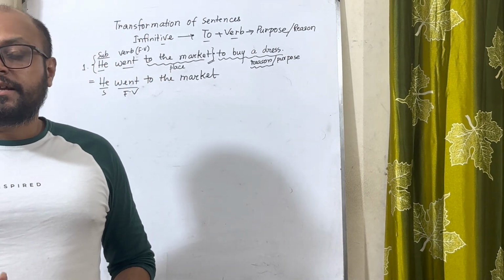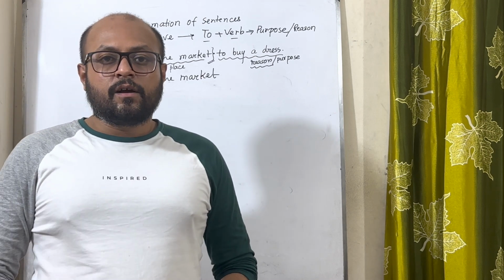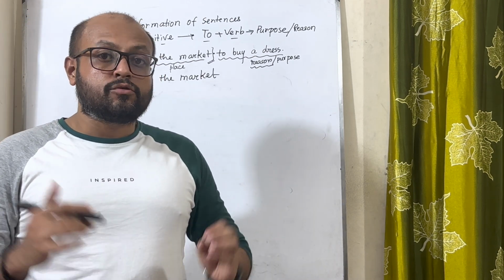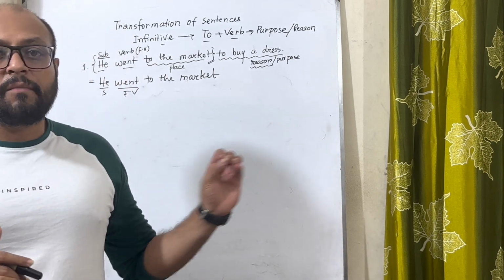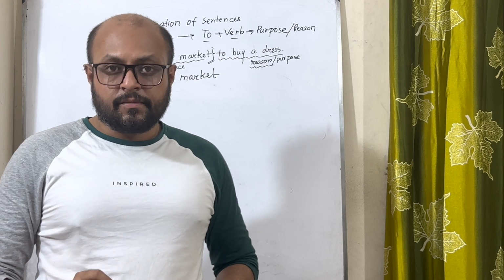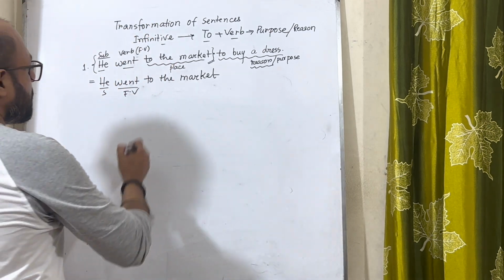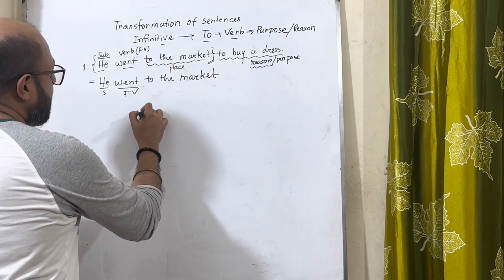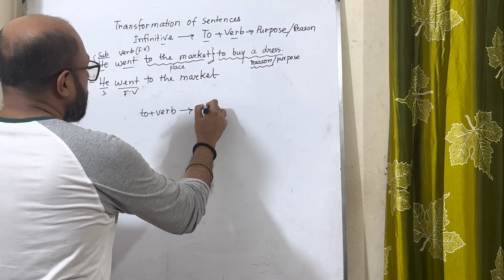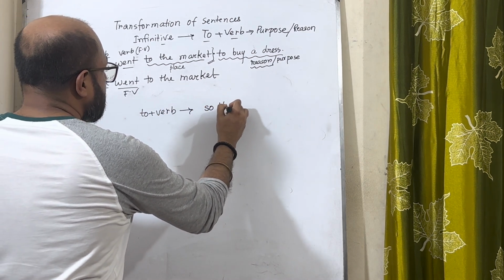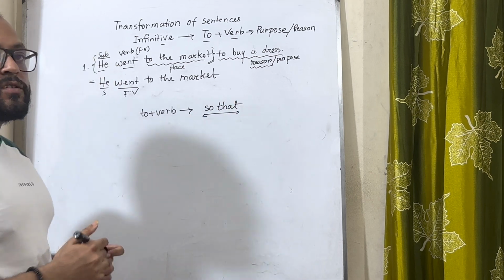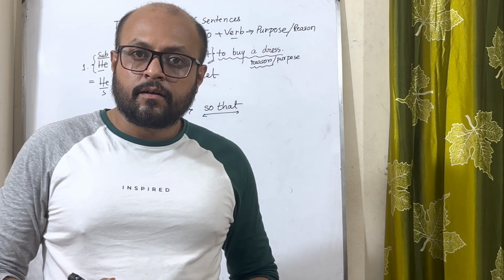Now I need a subordinate clause, and to join the subordinate clause with the main clause, I also need a clause marker. Here you need to keep in mind that if you are dealing with an infinitive, you will use so that together as your clause marker.